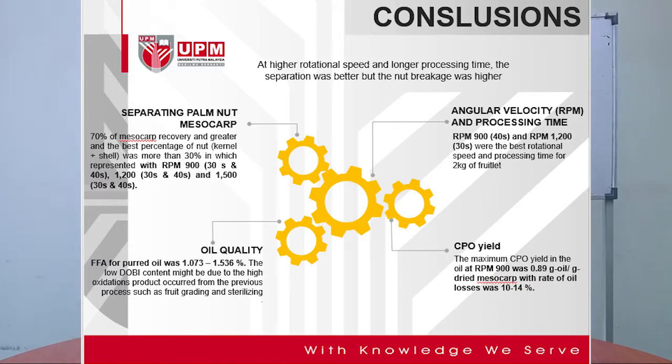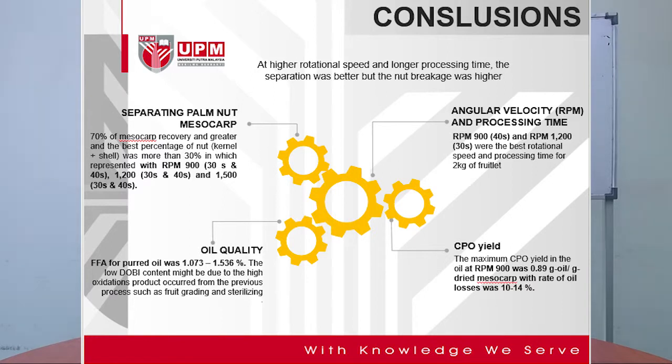At higher rotational speed and longer processing time, the separation was better, but the nut breakage was higher. That's why, considering the effect of the RPM and also processing time, RPM 900 at 40 seconds and RPM 1200 at 30 seconds are the best operating parameters for that separator in order to separate 2 kg of fruitlets.